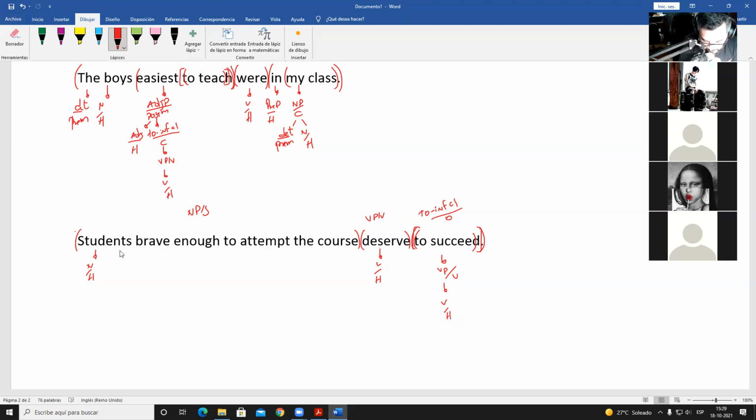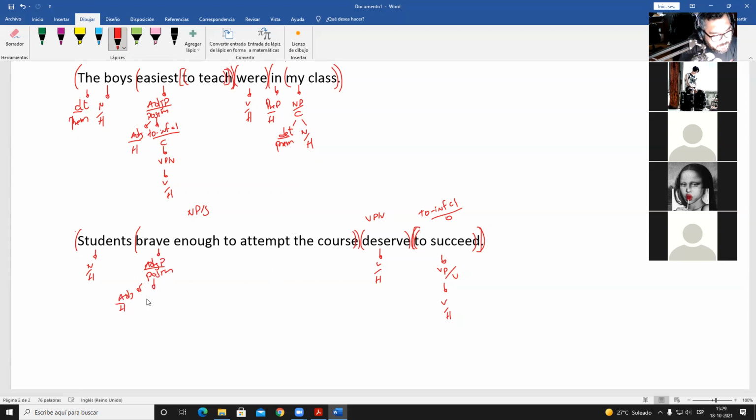So this is a very interesting example, basically because we are repeating the very same effect, that is to say the post position, right? So what we have in here is this huge adjective phrase post modifier with the adjective brave as a head.